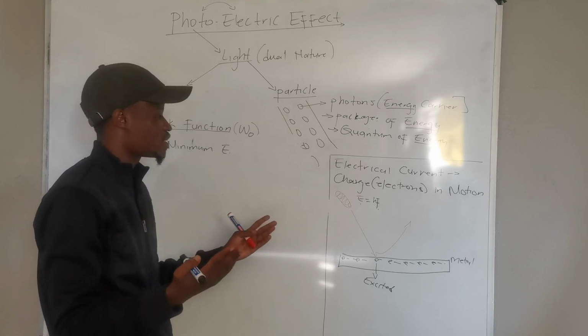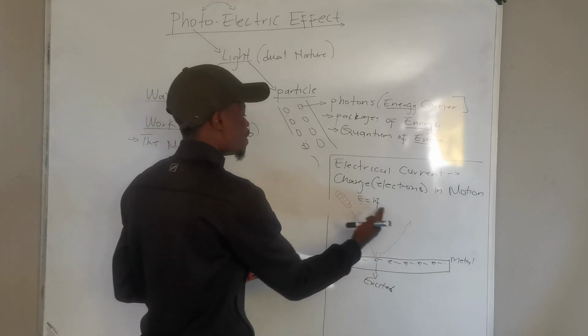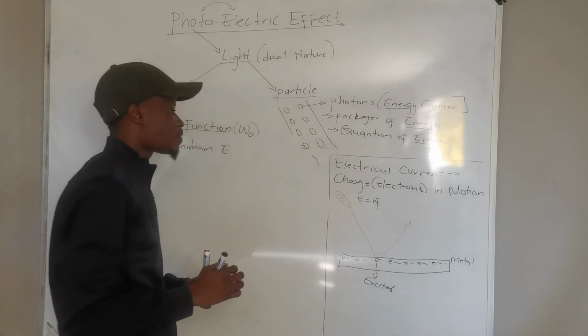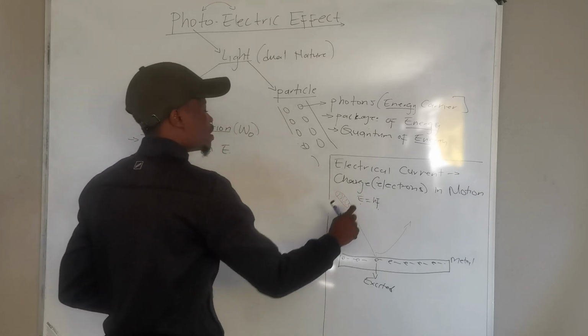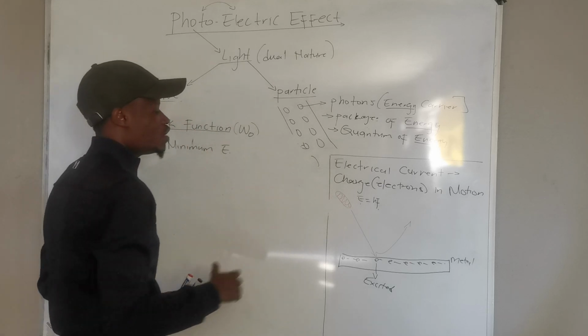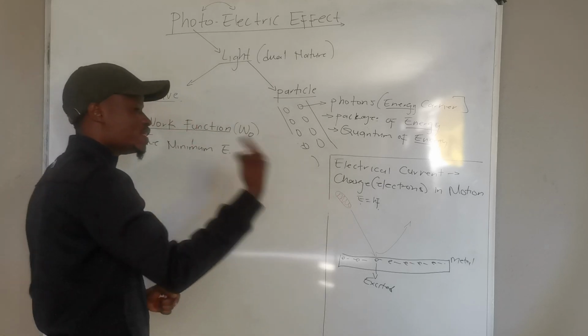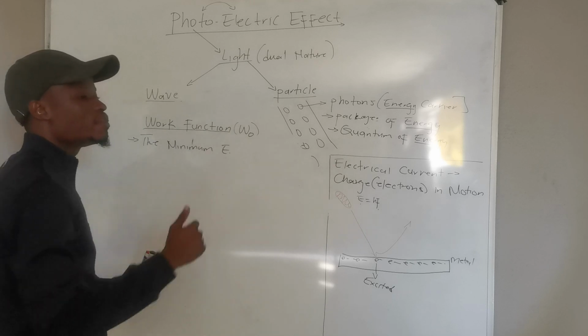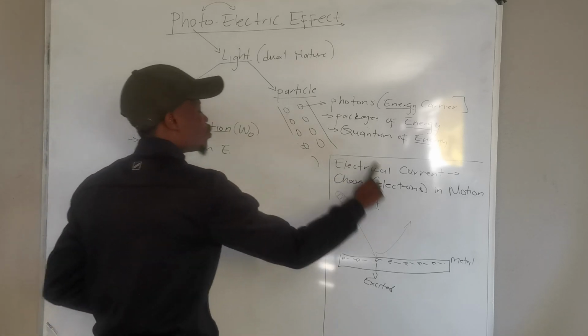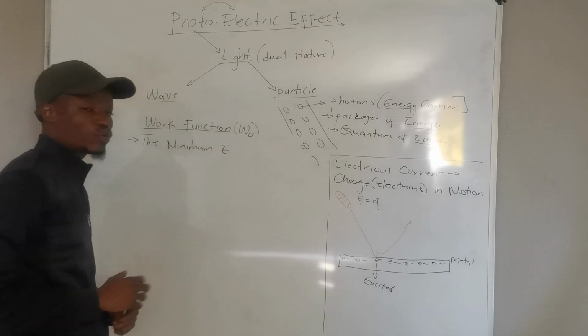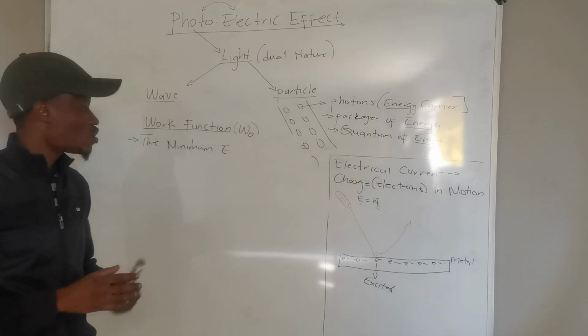I think that makes sense, because the energy and the frequency are dependent on each other. So if there is a minimum energy needed, there must be a minimum frequency needed, because the minimum energy will correspond with the minimum frequency. Are we together?